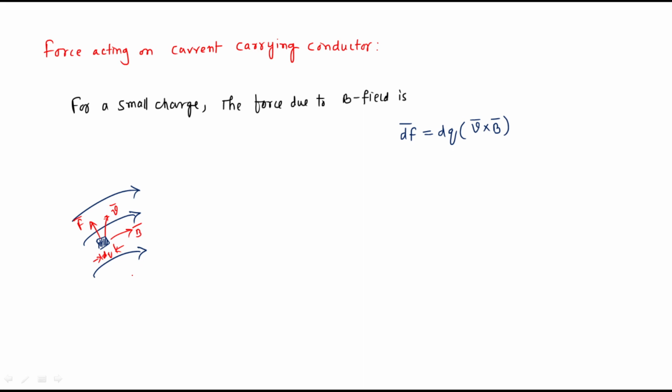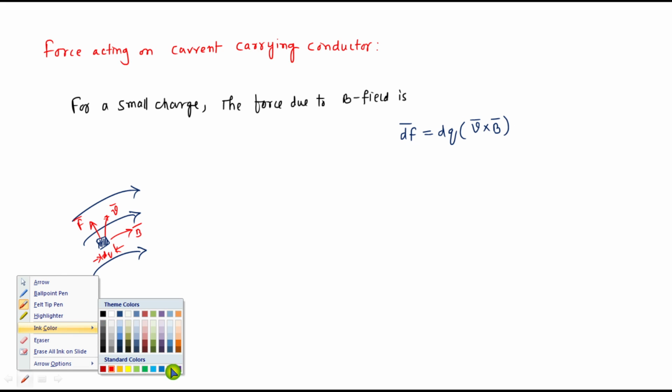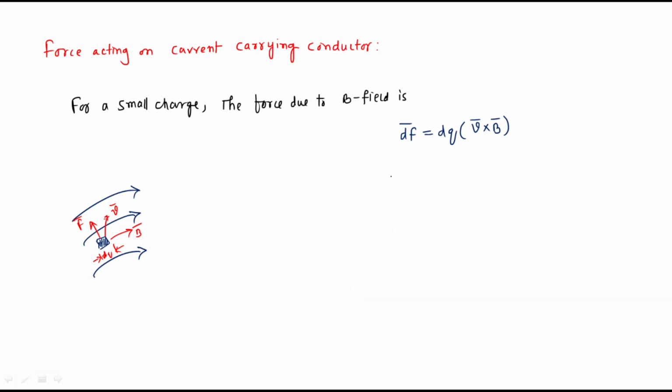Now when a charge flows inside the conductor, the velocity of the charge is called the drift velocity. So df equals dq, velocity cross B, and velocity is the rate of change of displacement, dx by dt.